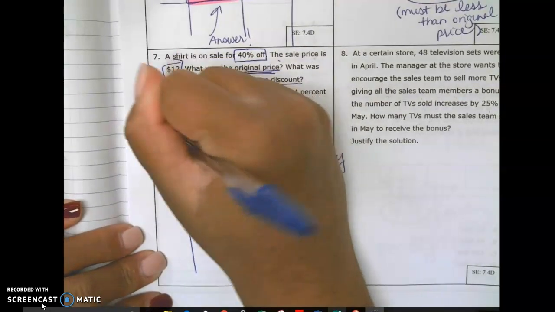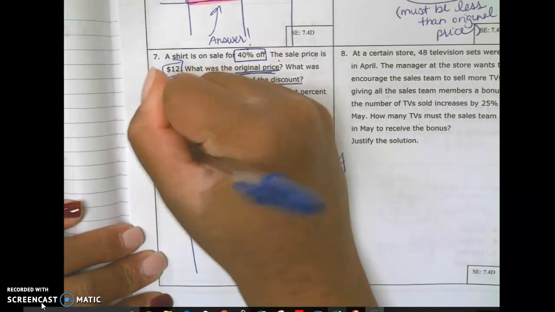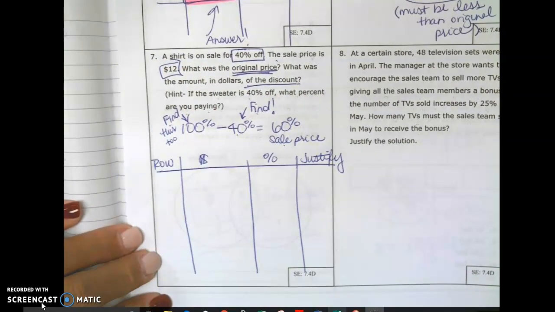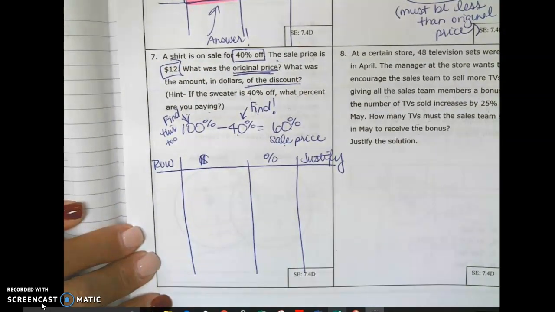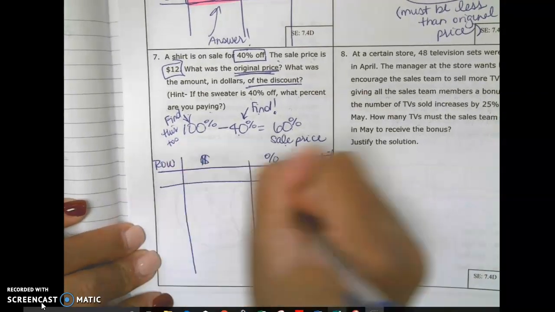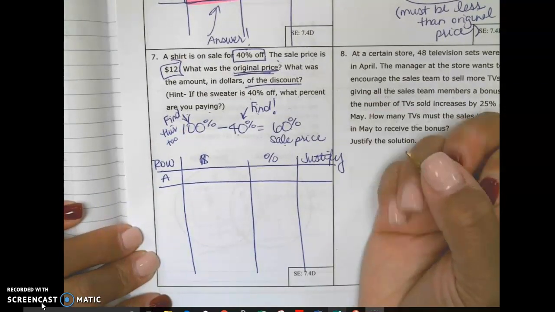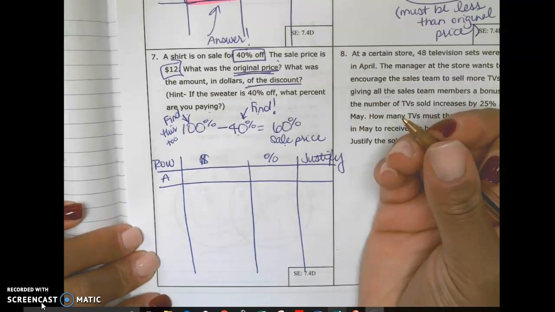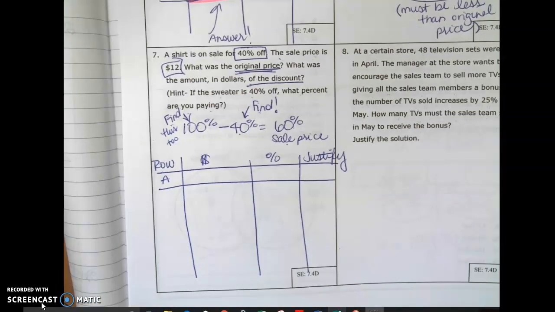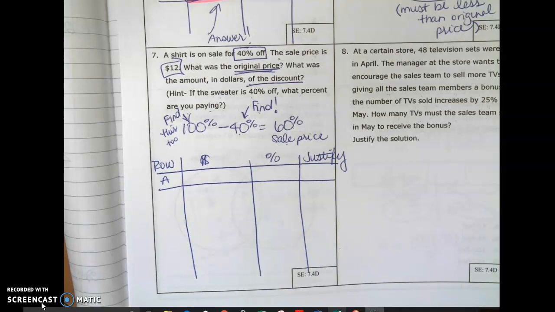Find this. A, what do they give me? You aren't focused. 40%.